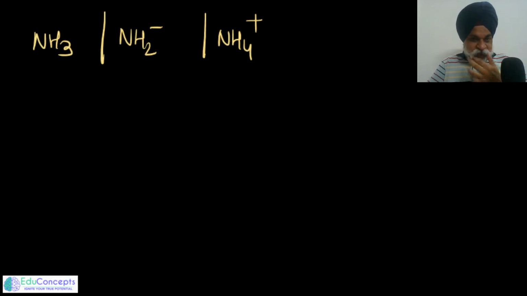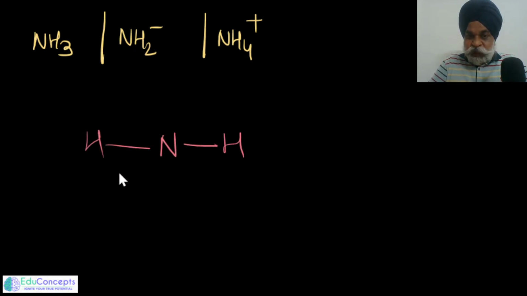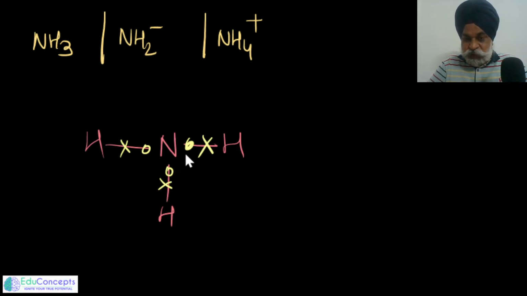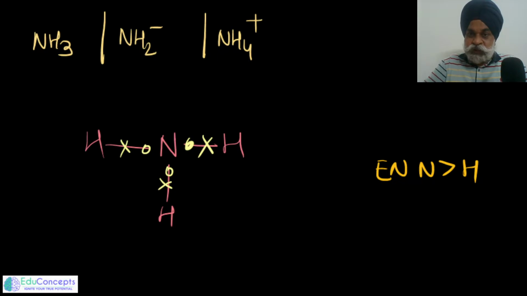Now similarly, if I go a little more in detail, just like in the case of ammonia, ammonia has this structure 1, 2, 3, and these are the cross atoms of the hydrogen. If you want to find the oxidation state, because the electronegativity of nitrogen is greater than that of hydrogen, if I break it from this position, here you would get +1, here it would get -1.